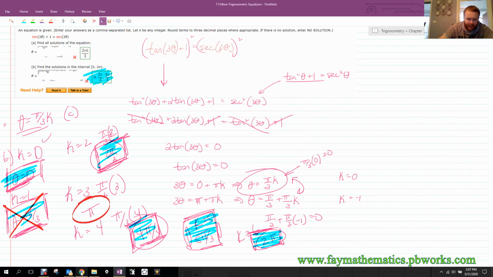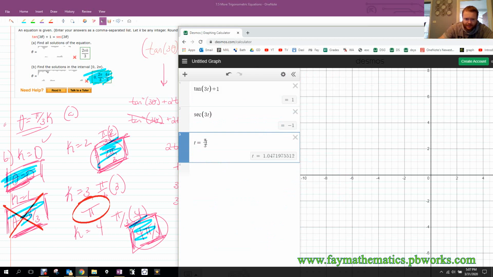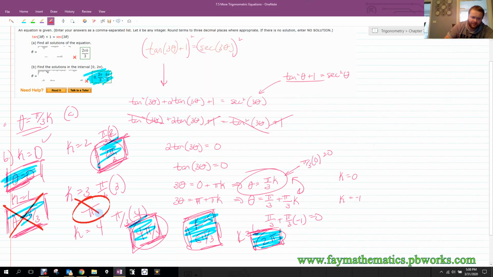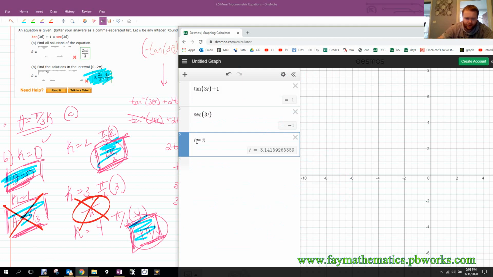Pi. So we've got to try pi. So one's pi, they're opposites, so that's not a solution. 4 pi over 3 should work. Both 1 there. 5 pi over 3 does not work. They're 1 and negative 1. And then 6 pi over 3, or 2 pi, they work, okay?